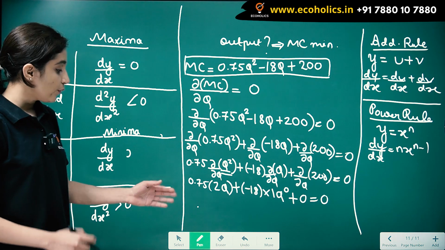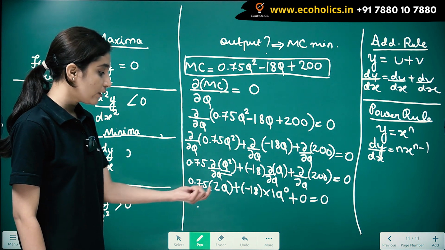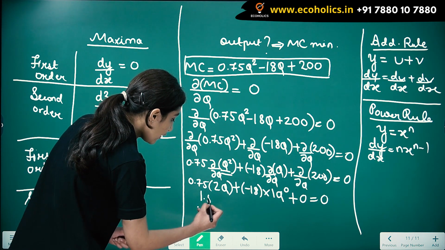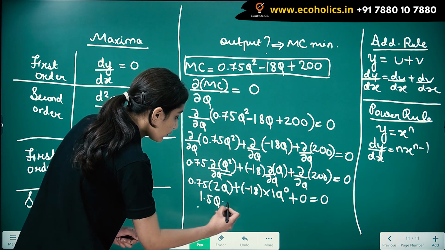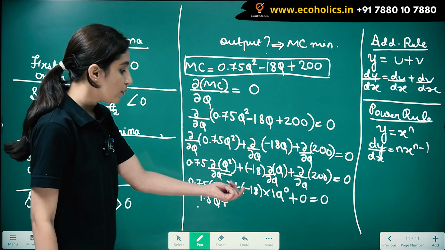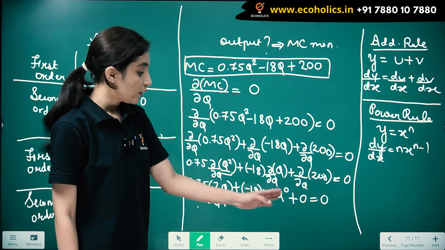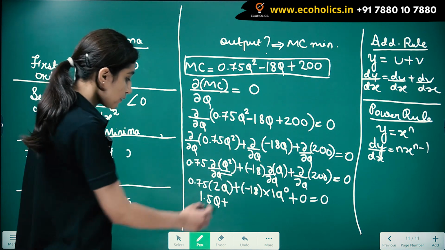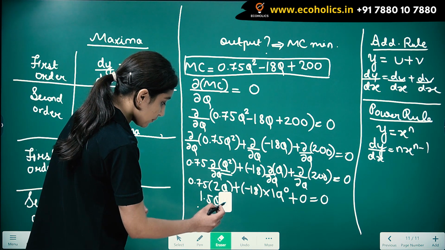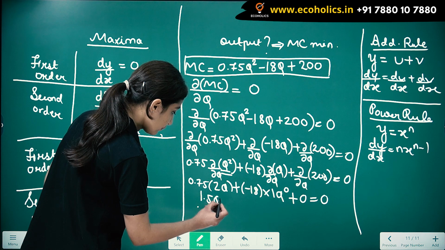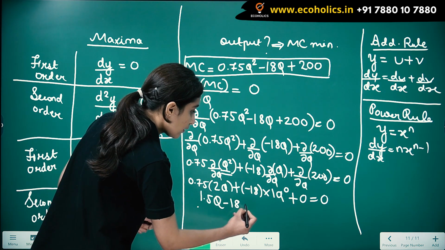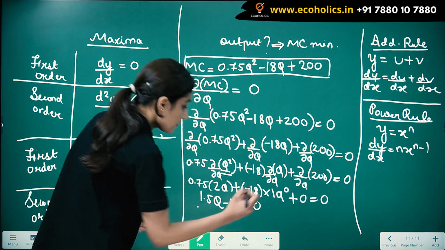So now we have 0.75 into 2q. This gives us 1.5q. Now minus 18 into q raised to 0. So q raised to 0 is always 1. So this gives us minus 18, and this is equal to 0.